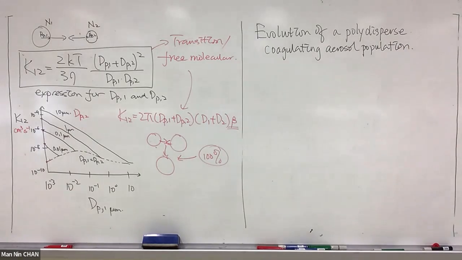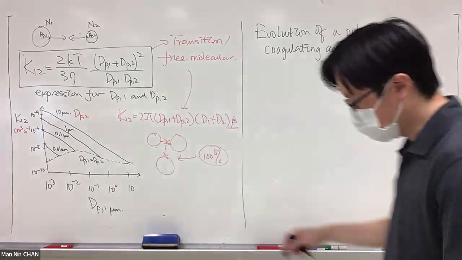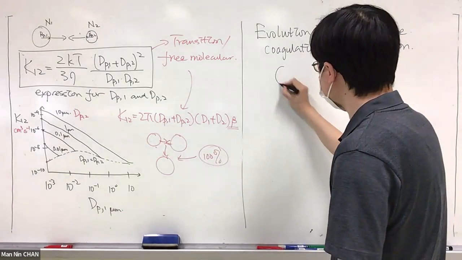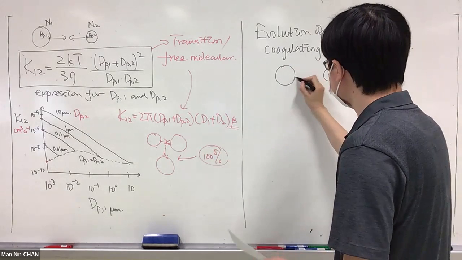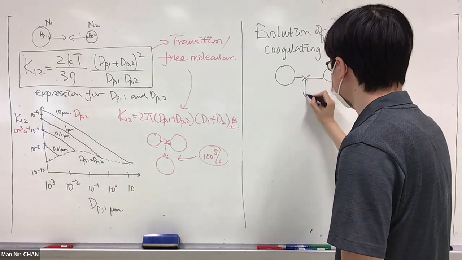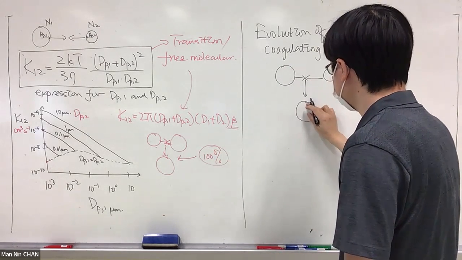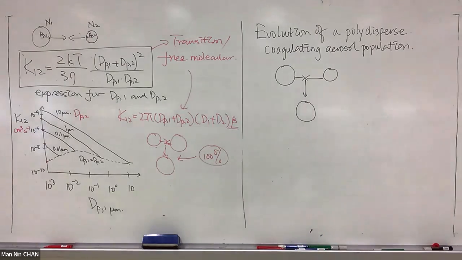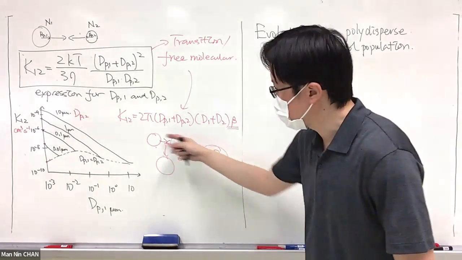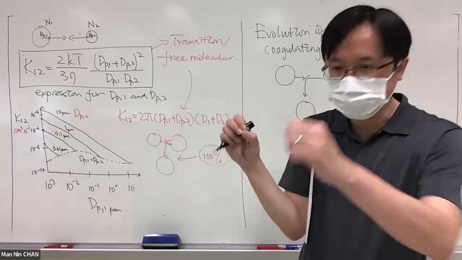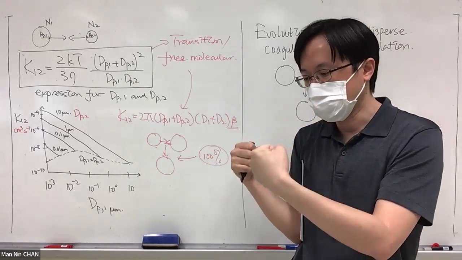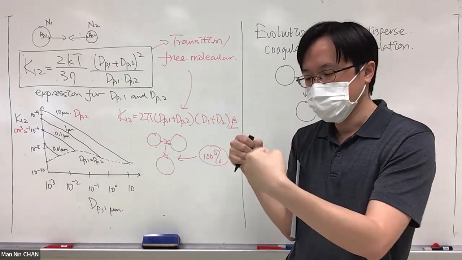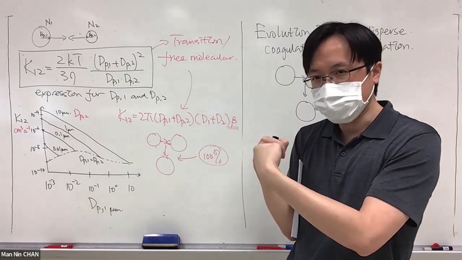So to understand this kind of coagulation, we can also draw a picture like this. You can argue, when you have coagulation, you have different monomers, or different sizes of particles, and they hit together and add together.